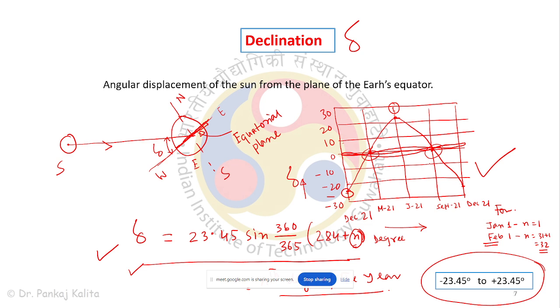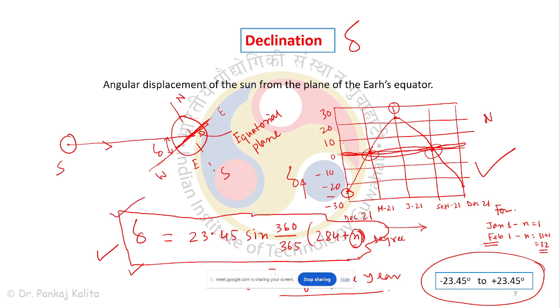If we talk about the northern hemisphere, then in summer solstice we have day longer than night, and in winter solstice we have night longer than day, right? So basically the equation that will most probably be given in the question, or if not, then this is the basic equation that you need to remember.